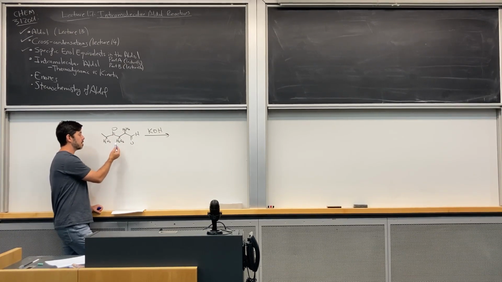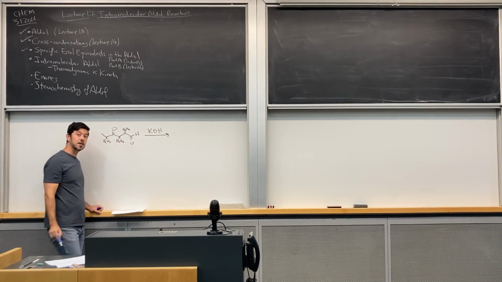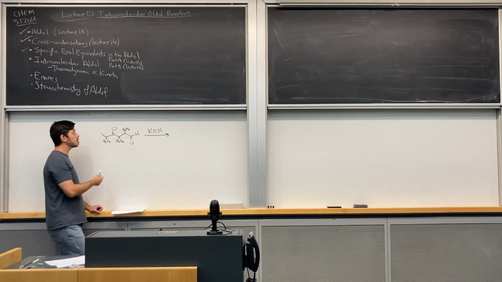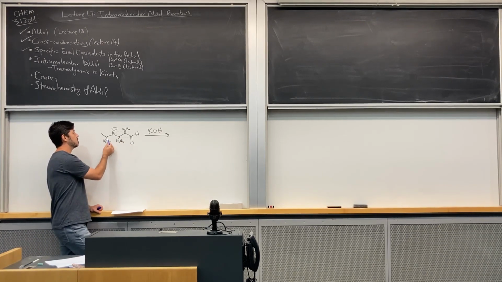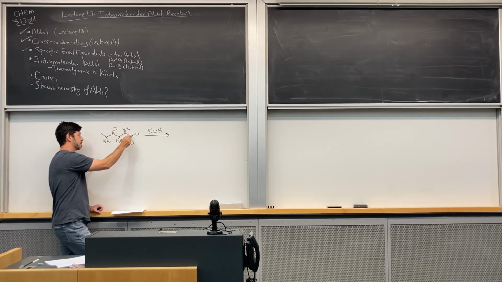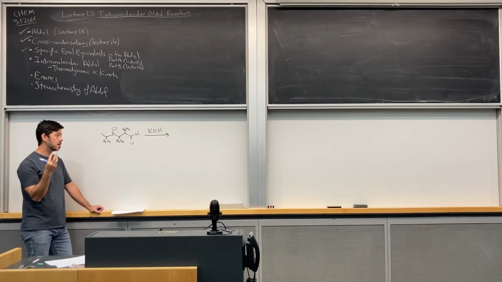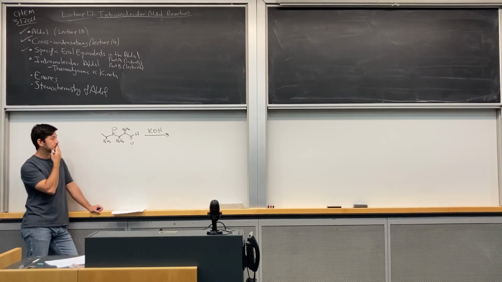Another potential scenario is if you form the enolate here, and then this carbanion reacts right there. Another potential scenario is if you take HC, form an enolate over here, and then have that react there. So we have three different scenarios, but which one is it going to be?